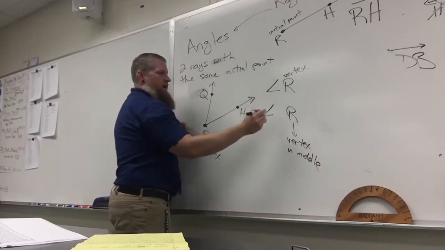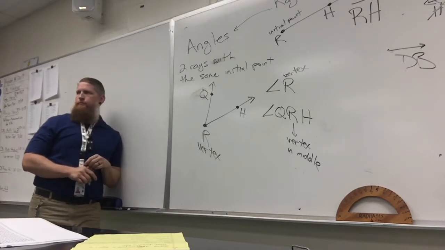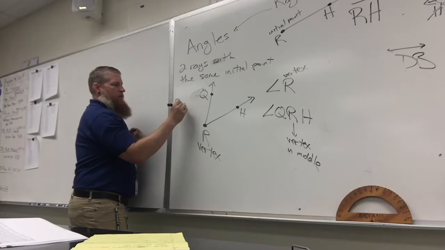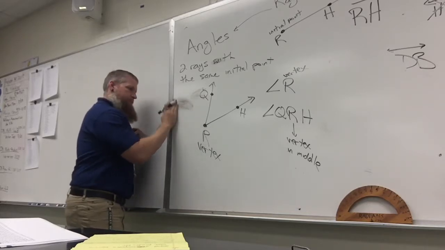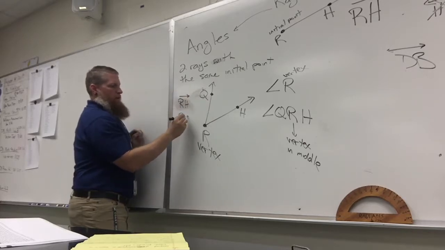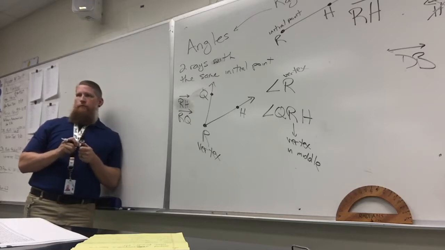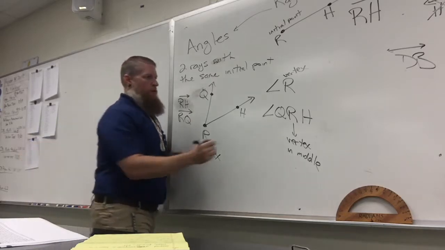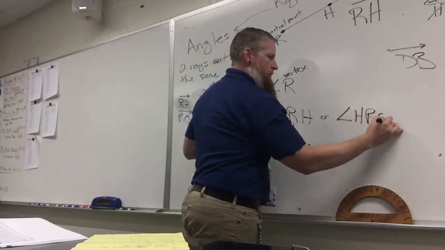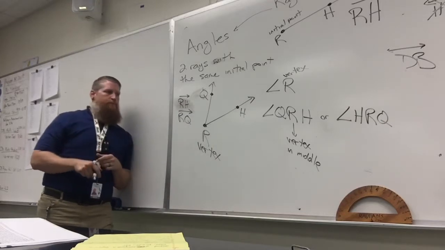Okay, and on either side of it are just the 2 rays that it's made up of. So that angle is made up of ray RH and ray RQ, they create that angle that's there. Okay, or so again, order doesn't matter here, or I could call it angle HRQ or angle QRH, that works as well.